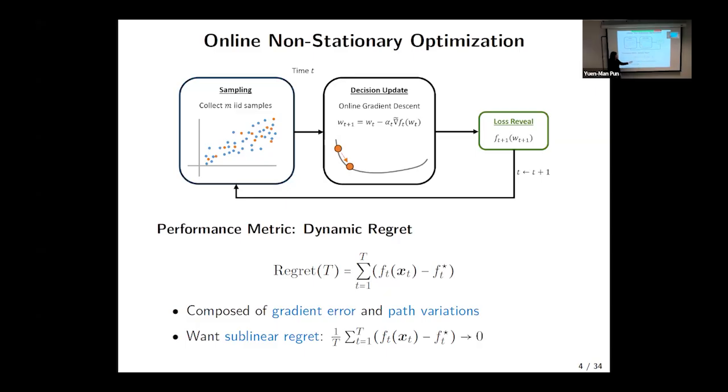The other thing is that because we use ft to do the update, we don't know anything about ft + 1. If ft and ft + 1 are close to each other, we would have a smaller error. So this regret should be composed of some path variations. We want sublinear regret because when we take the average, this will go to 0. So our goal is to have a sublinear regret bound.